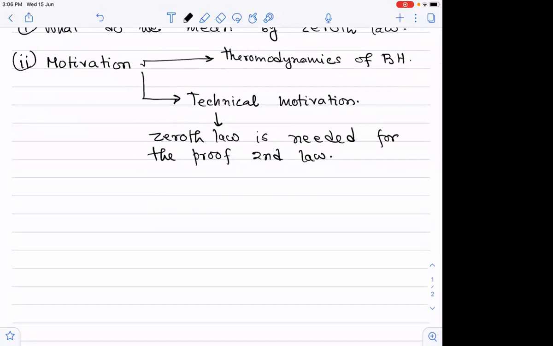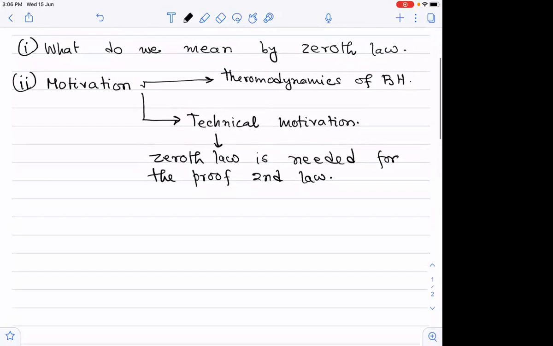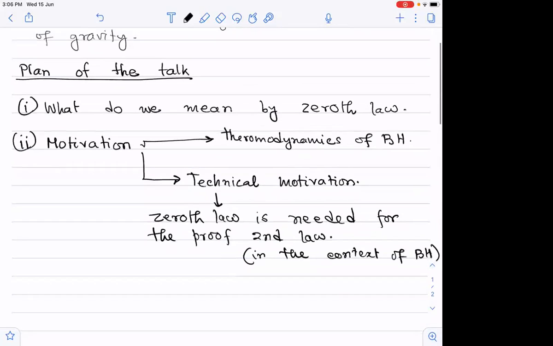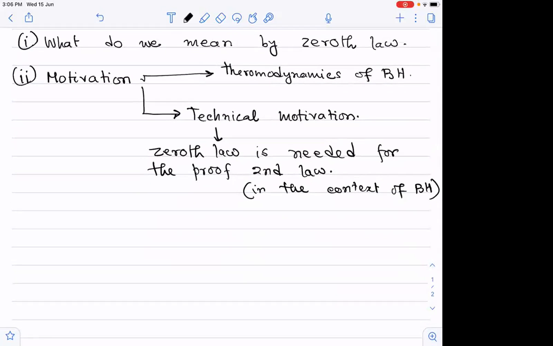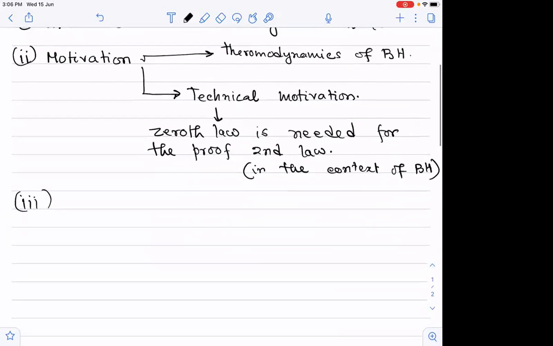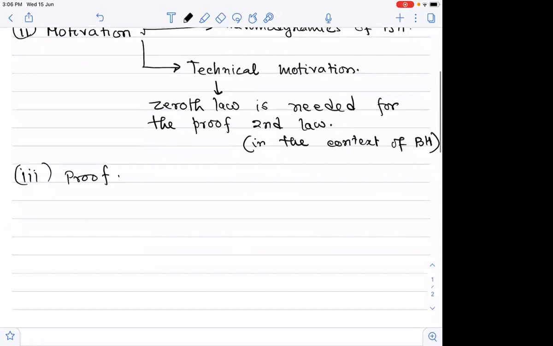So we need zeroth law to be satisfied in the context of black holes. And the third part would be the proof itself. In this technical motivation part, I'll develop some terminologies which will be used for the proof.